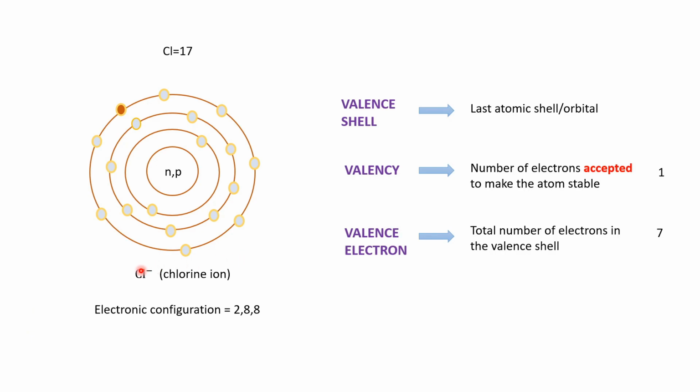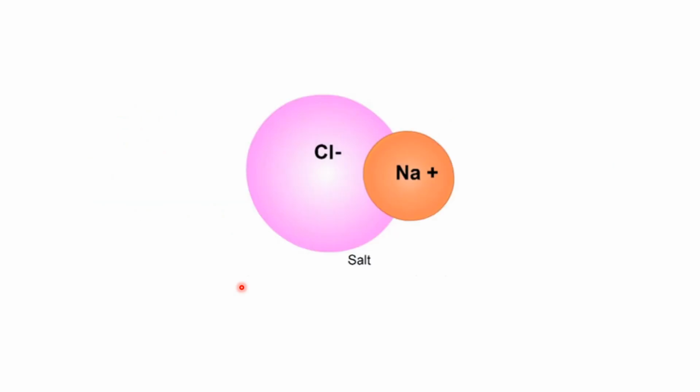So what happens with these ions? This chlorine has become Cl minus, and in the previous example where we had taken sodium, it has become Na plus. Okay, so these ions are also not basically stable in nature, so they chemically combine with each other to give some chemical compounds, and this formation of chemical compounds we are going to see further in the coming videos, obviously in more detail. So basically here what happens is chlorine Cl minus combines with Na plus, that is sodium ion, to give you salt which you use in your food, that is your common salt.